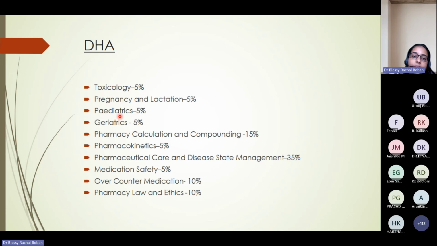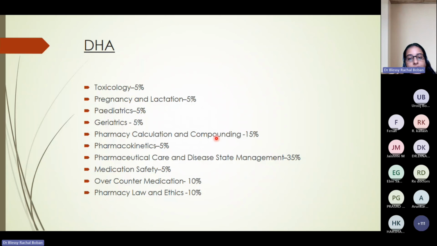Then comes pediatrics, pediatric dose calculations, very important. You are familiar with a wide variety of calculations. Geriatric population: once you are considering the geriatric population, you have to avoid polypharmacy. You will get a lot of case scenario questions related to the geriatric population. In the upcoming slides, I will make you understand how significant each population is in each case study.